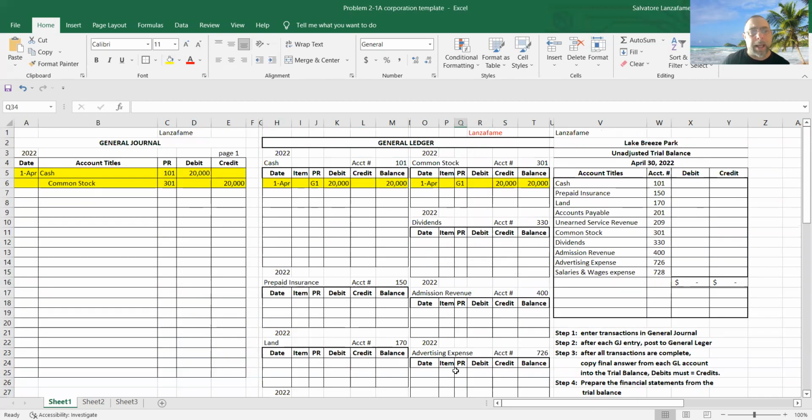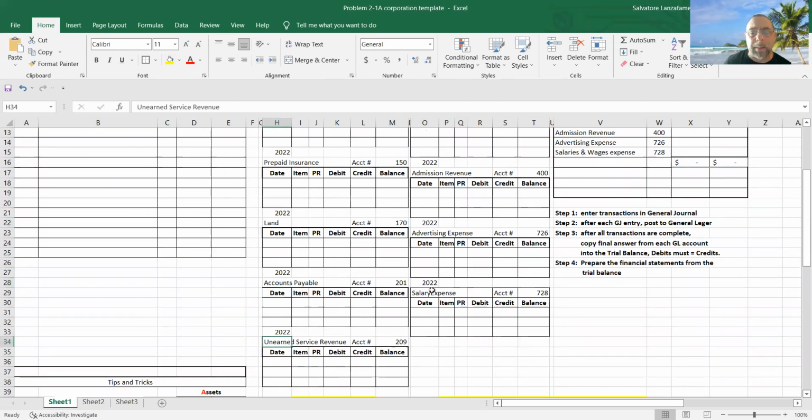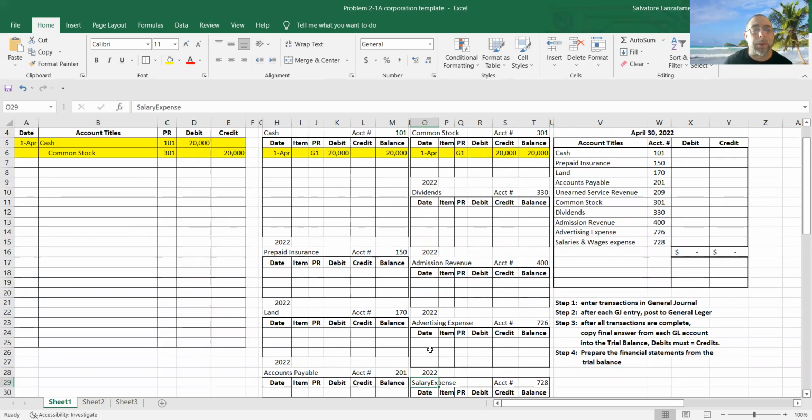Again, in case you don't remember, the only account names you are allowed to use in your general journal are the names of the accounts that you see in your ledgers. You can't go off and name things whatever you want. There is no insurance expense, so I can't even go there.